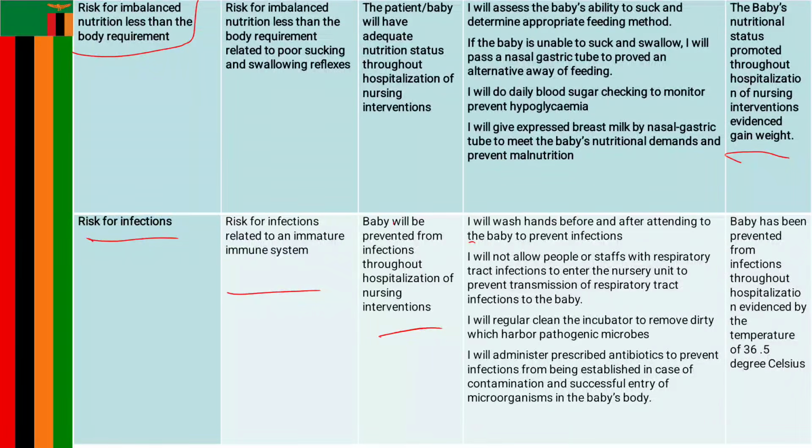You can also say I'll administer prescribed antibiotics to prevent infections from being established in cases of contamination and successful entry of microorganisms in the baby's body. Evaluation, you can say baby has been prevented from infection throughout hospitalization, evidenced by the temperature of 36.5 degrees Celsius.